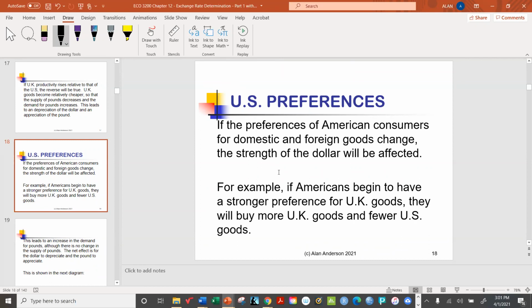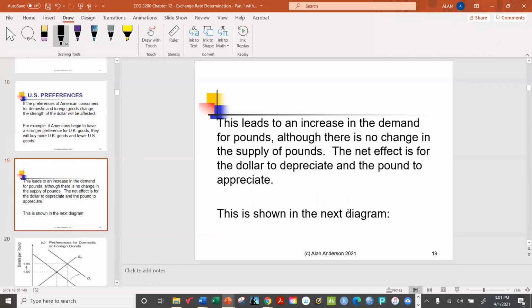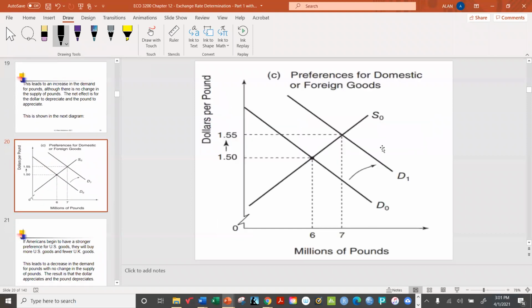We're assuming here that nothing's changed with the UK consumers, so only that demand curve will shift. In other words, there's no change in the supply of pounds. The British are assumed to continue to buy the same quantity of American goods, but Americans, for some reason, have decided they want more British goods. And so you can see the exchange rate goes up, and that means the dollar has depreciated.